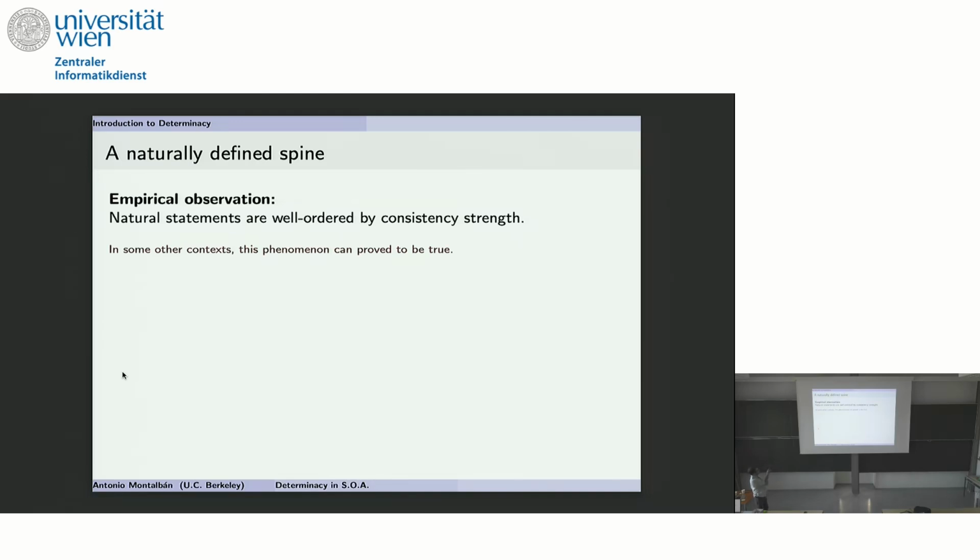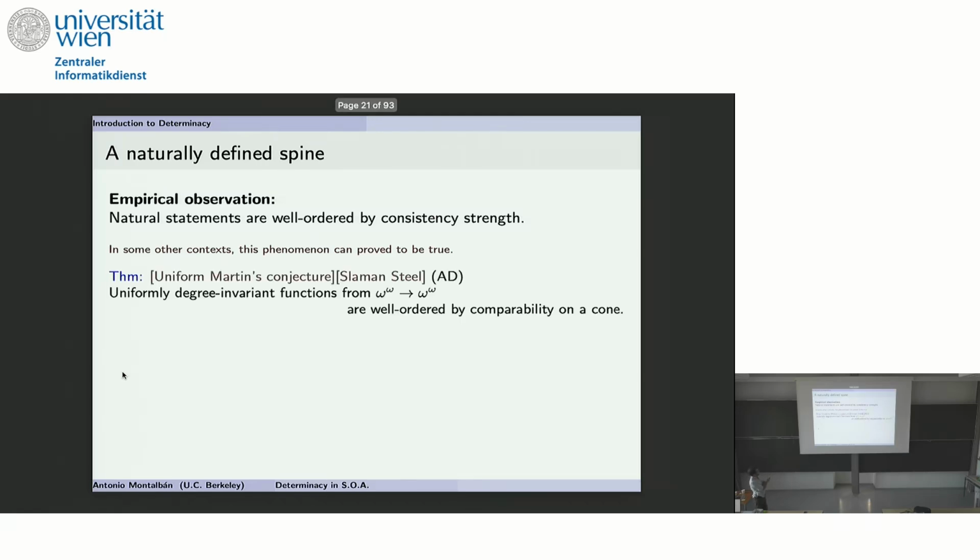So this is a very interesting phenomenon that shows up in logic, and it feels like it's telling us something. In some contexts, like in the Turing degrees, there is a way of formalizing this statement and making it true.